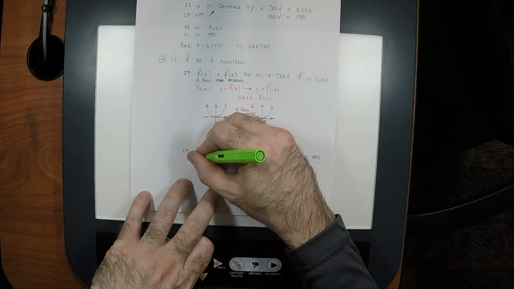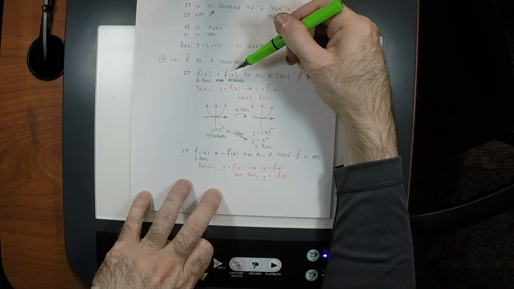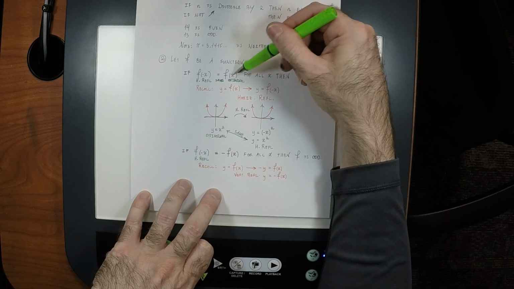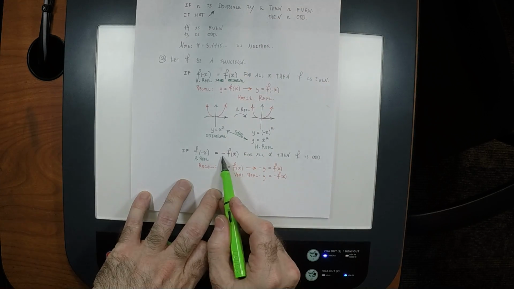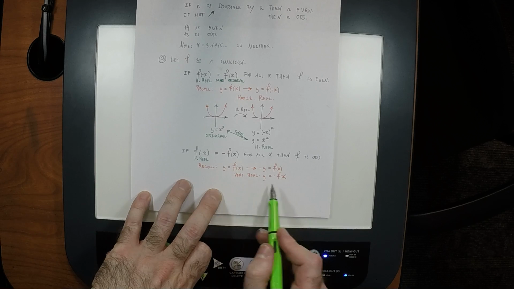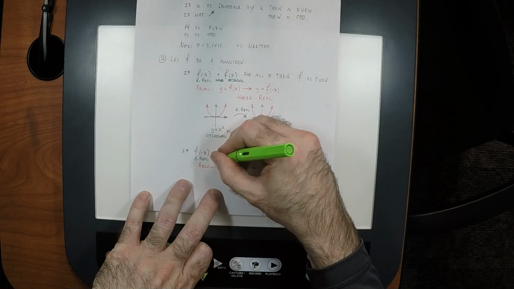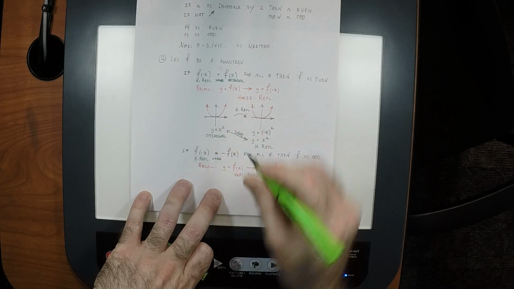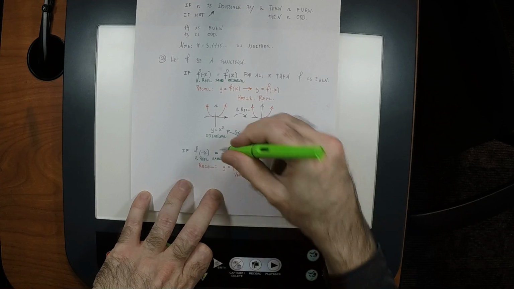So this is a horizontal reflection. That's what this one is. Now up here, there's no negative anywhere, so that's just the original thing. But here, there's a negative on the outside, so that means that we're negating the output. Well, that's this. So horizontal reflection is the same as what? As a vertical reflection.